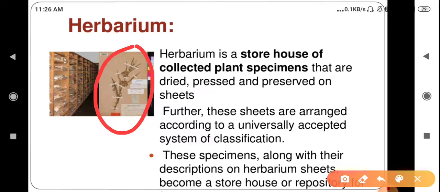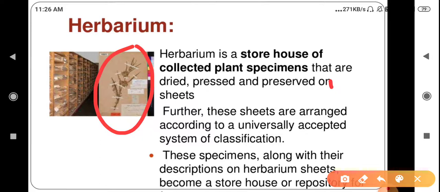These sheets when prepared are arranged according to a universally accepted system of classification. These specimens along with their descriptions on herbarium sheets become a storehouse or repository for future use. These herbarium sheets also carry a label providing information about the date, the place of collection, the names, that is English, local and botanical, the family's name and the collector's name.